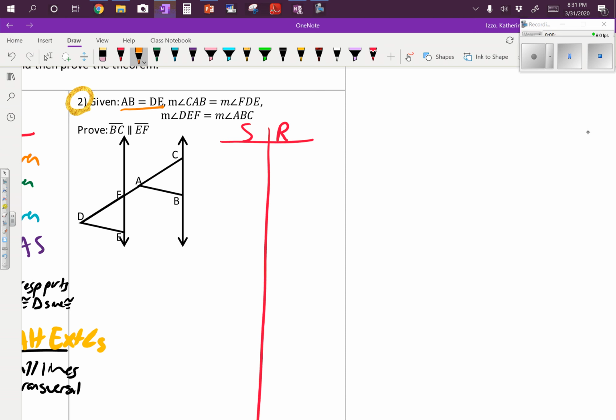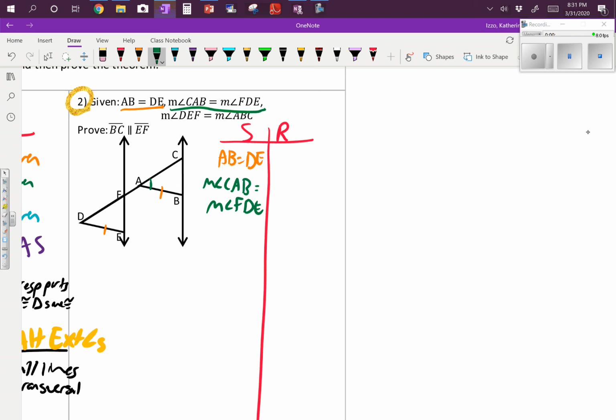And you should have done AB equals DE. And then you should have done measure angle CAB equals measure angle FDE.